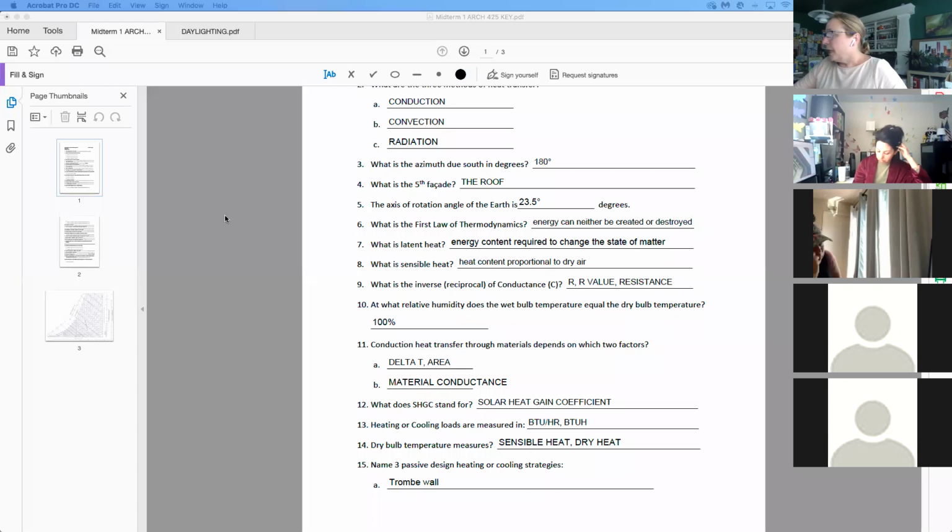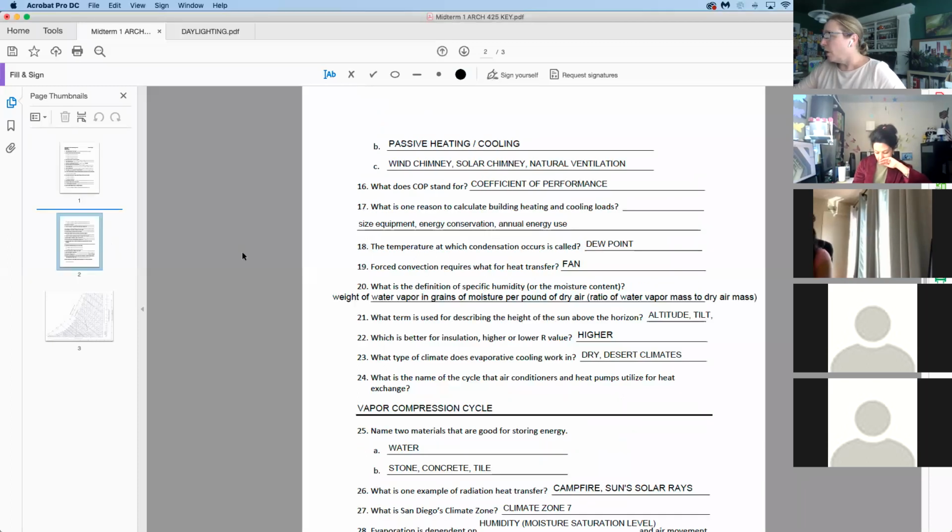At number 15, this is the question where I took a variety of different answers. I was specifically looking for some of the strategies that we had gone over in class, such as the Trombe wall, or passive heating, passive cooling, wind chimney, natural ventilation.